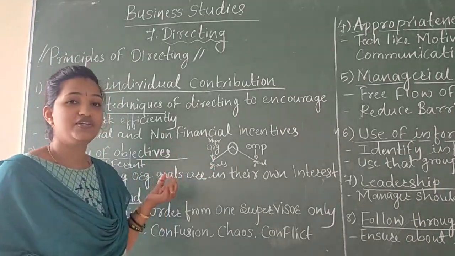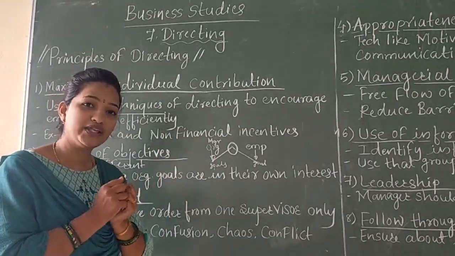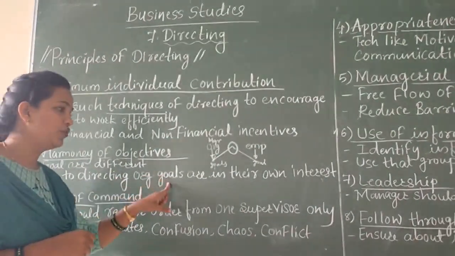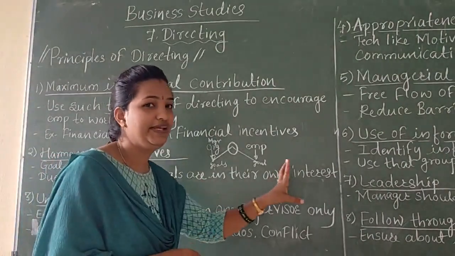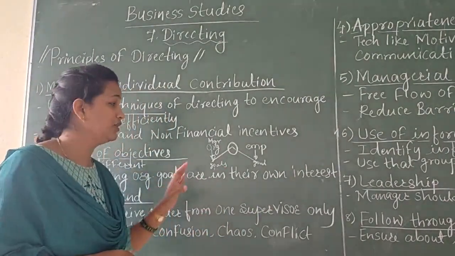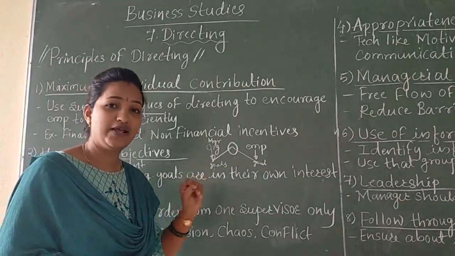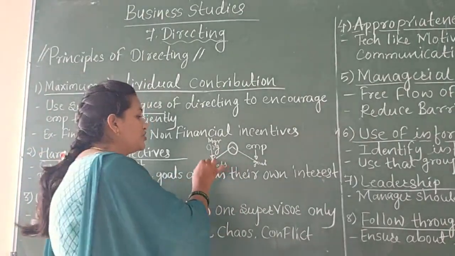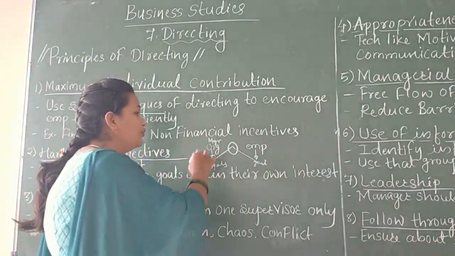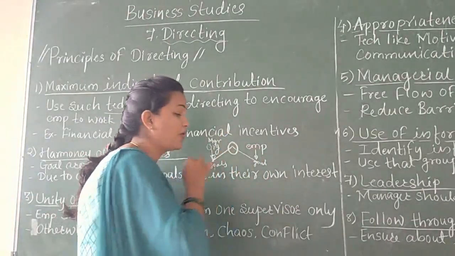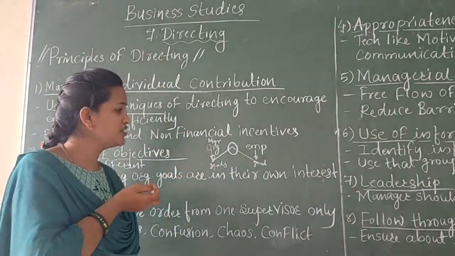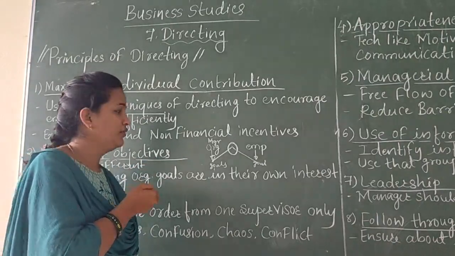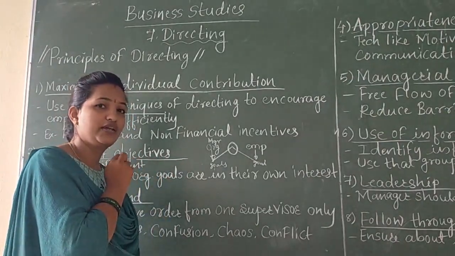Now, how can the manager bring these goals together? Due to directing, organizational goals are aligned with employees' own interest. The manager tells the employees, if you do this kind of work, and we achieve this much profit, we will share the profit with you.